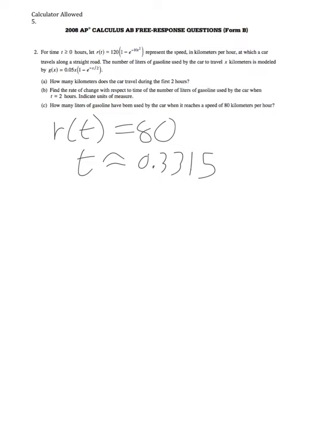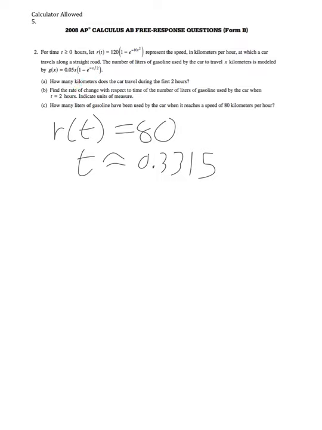So again, the question is asking how many liters of gas have been used. I have a function that tells me how many liters of gas have been used, but my input is supposed to be kilometers driven. Well, I went from speed, kilometers per hour, to time, but I need to know kilometers driven. But if we look back at part A, I was able to go from a time to the number of kilometers driven by using the integral of r.